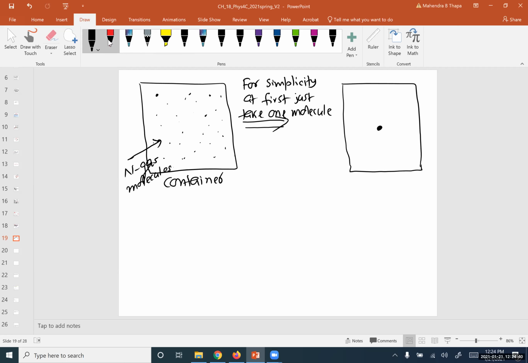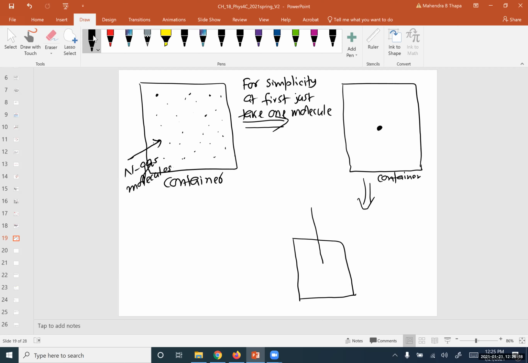Okay. So to do some math, we need the coordinate system. So I'm making my coordinate system, say x, y, z axis. And to make this picture clearer, I will draw the other picture. This is the same container. I will make it in the form of a box. So you have to visualize this is the x, y, z axis.